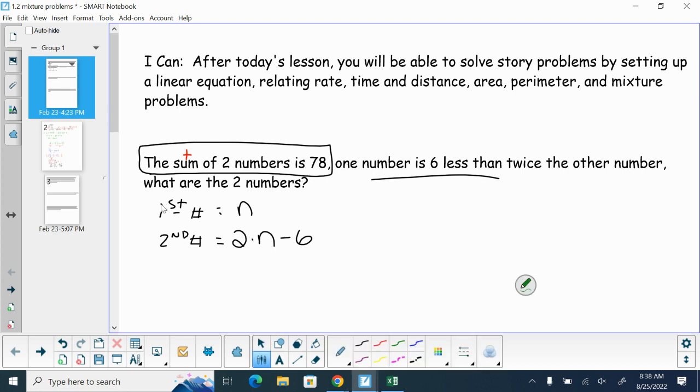So let's add these two numbers, n plus 2n minus 6, and they have to add up to 78. Is means equal to. So now we have an equation to solve. Go ahead and solve the equation for n, and then find the second number.